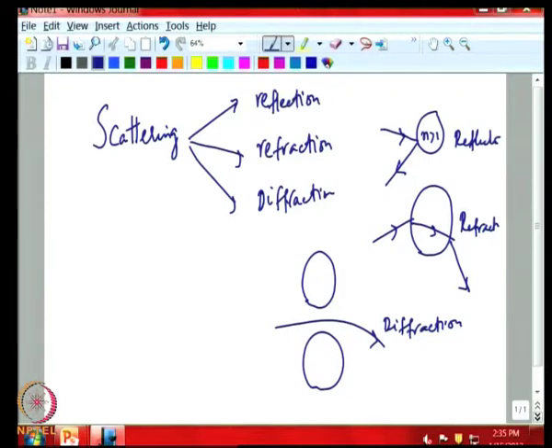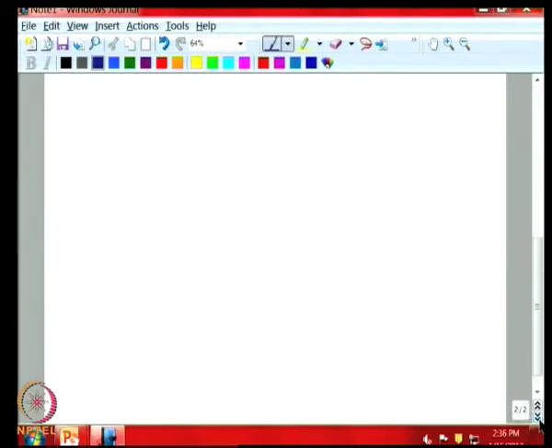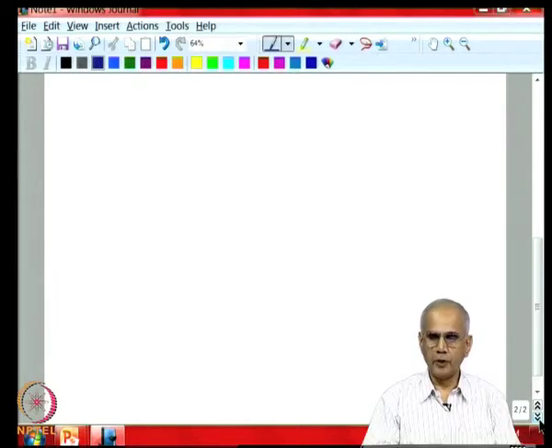But in the case of diffraction, the ray need not come near the particle, it can just go somewhat near the particle, and the influence of the particle's electrical field will cause the ray to bend. So, the reason why you have to understand that all the three play a role will become clear when we discuss a little bit in detail how diffraction can play a role.